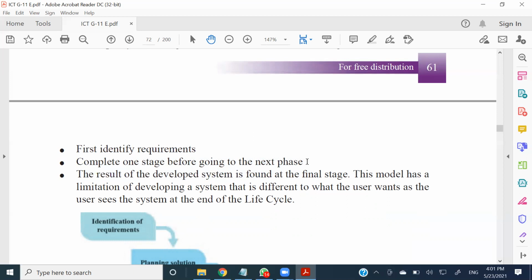Like if I match it to creating a kite, you will see the kite at the end of the stage, right? So an actual product, the client gets to see only at the very end. Before that, the client cannot have an idea about the final product, right?